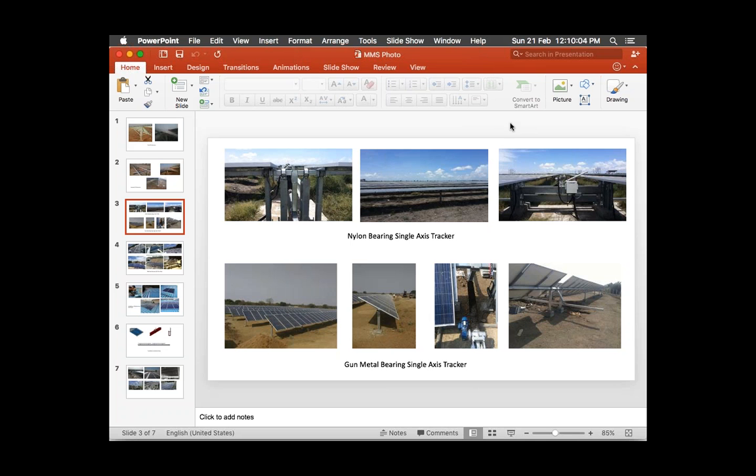A couple of suppliers in India are even using hydraulic ones, the same hydraulics used in excavation machinery or JCB, and those components are very easily available. There is not even a single component in a tracker system that is so specific that you can't get it in the market. Okay, great.